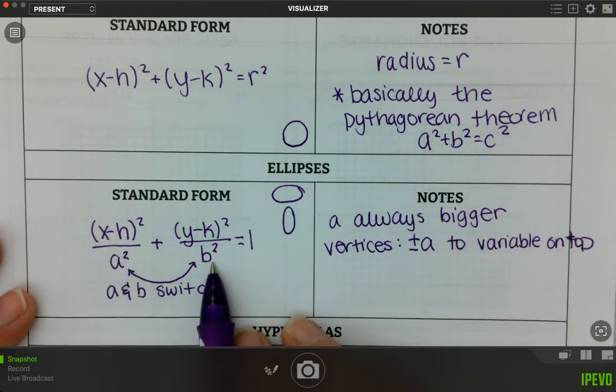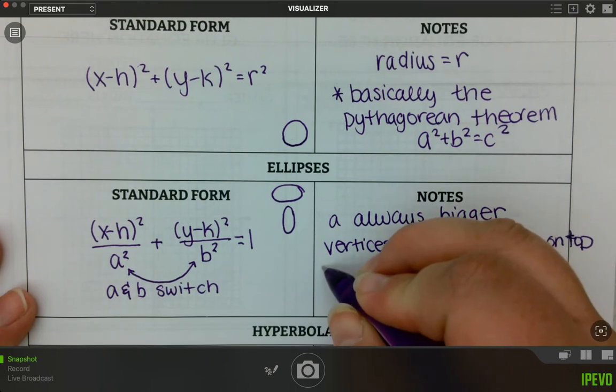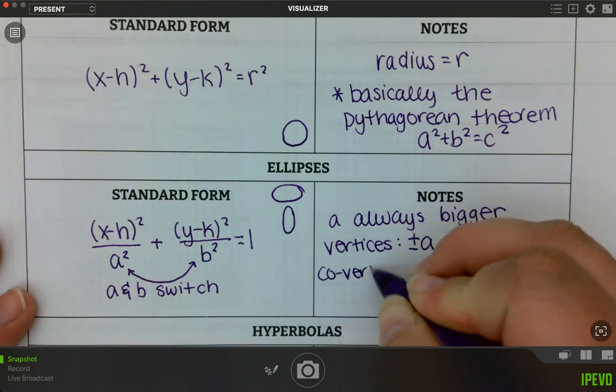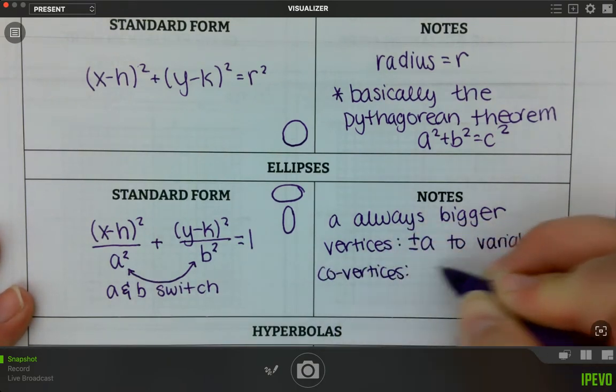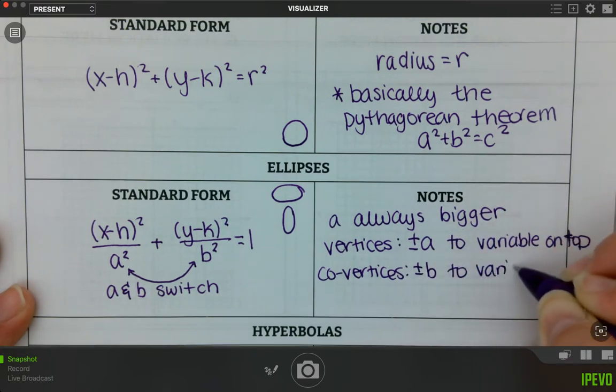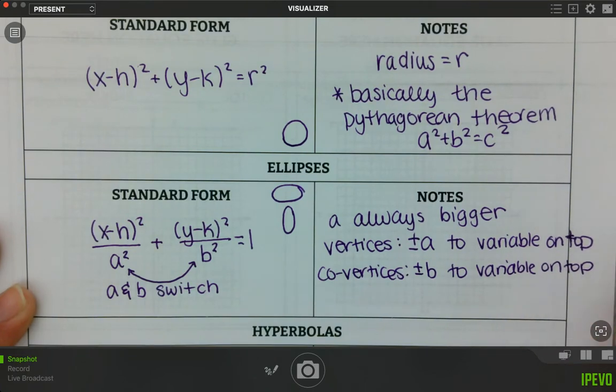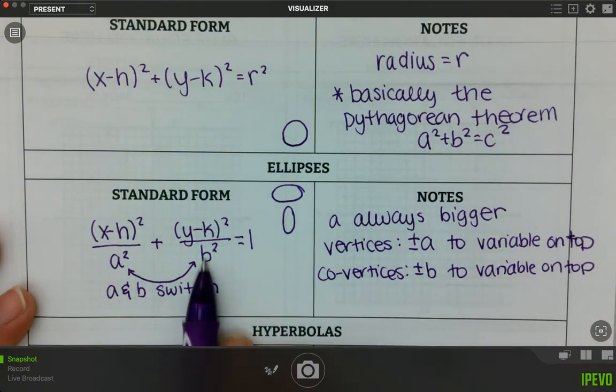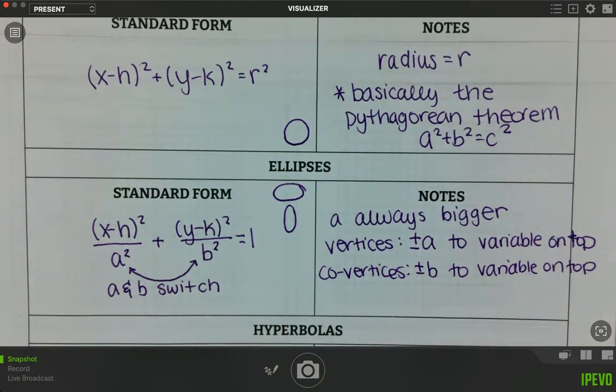If it was over here, I would be doing it to the y values. For the co-vertices, you will add and subtract b to the variable on top of that one. So for this one, that would be the y values.